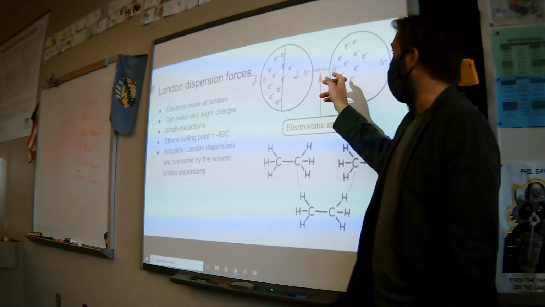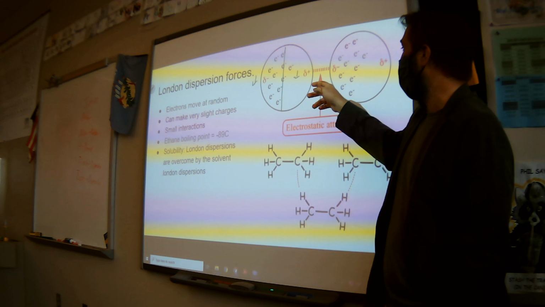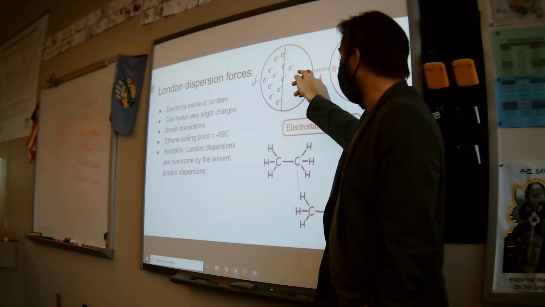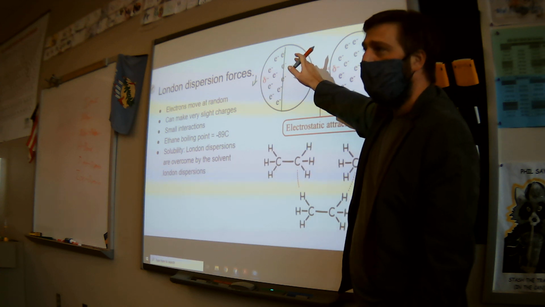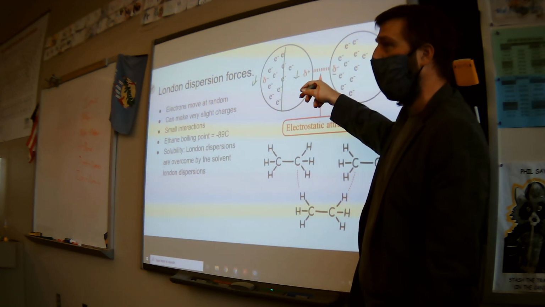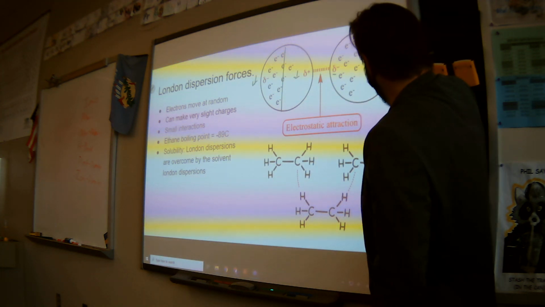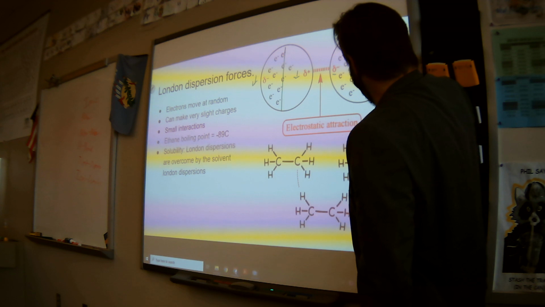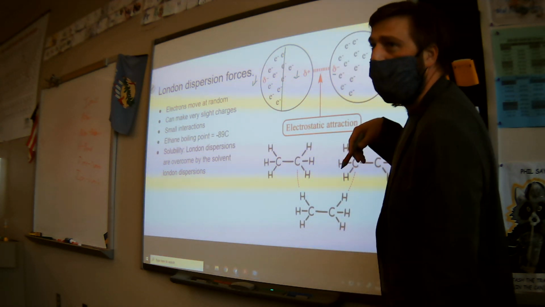And if there's another atom close to it, then this slight positive charge is going to pull on these electrons a little bit, making this side very slightly negative and this side very slightly positive. And then the next atom here is going to start to pull more electrons this way too.